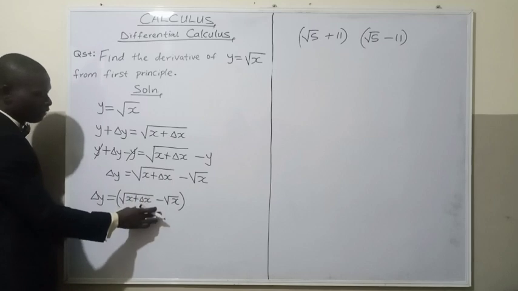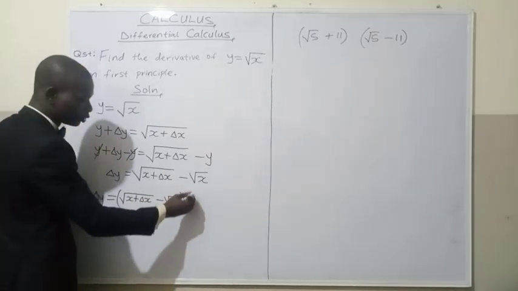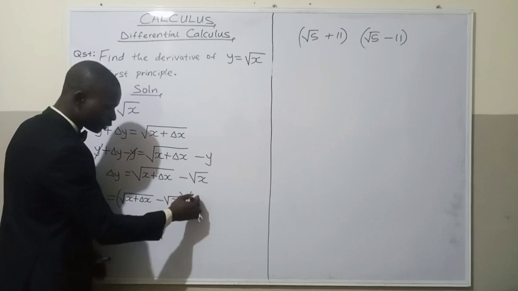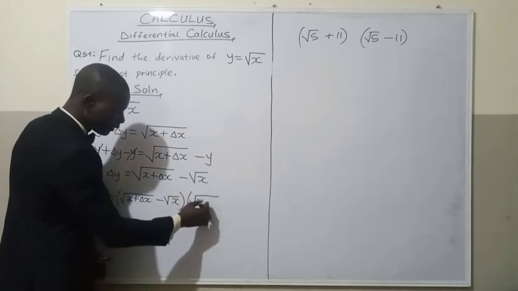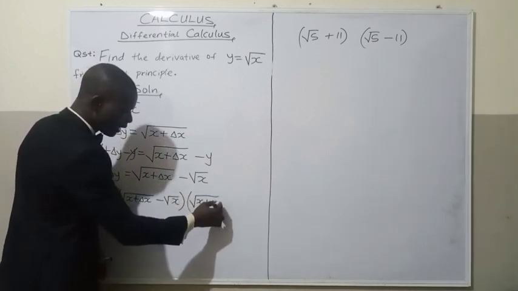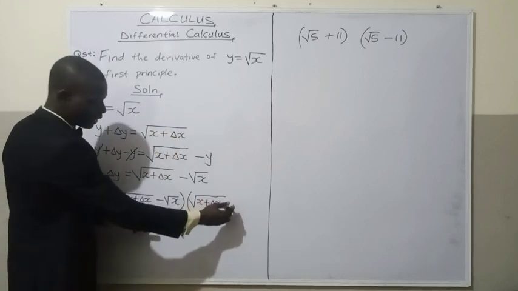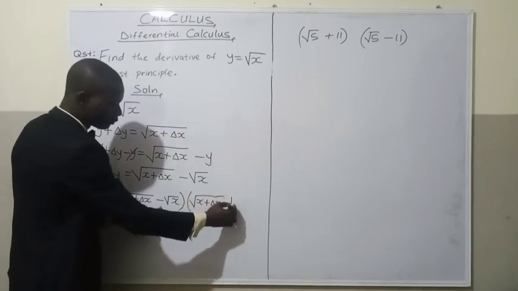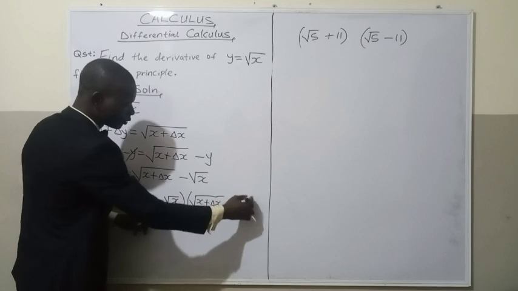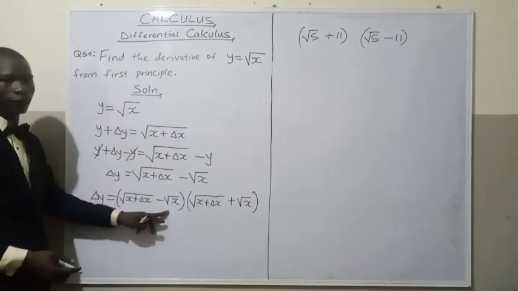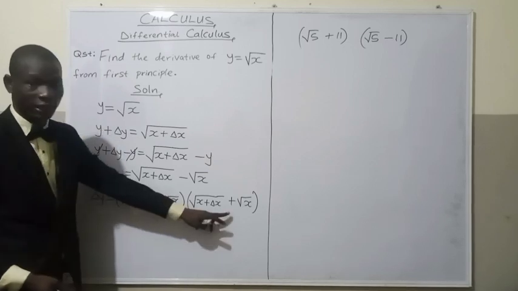This has all been enclosed in this bracket. So we are going to introduce the conjugate, and that's going to be square root of x plus delta x. Now, in the place of minus there, it's now going to become plus root x, and that is the conjugate of this one. So the conjugate of this is this.